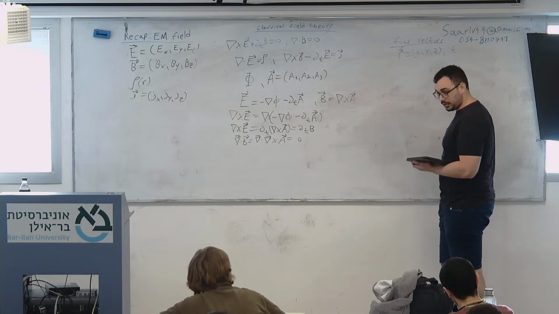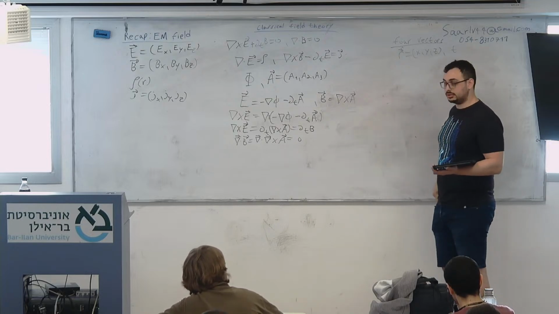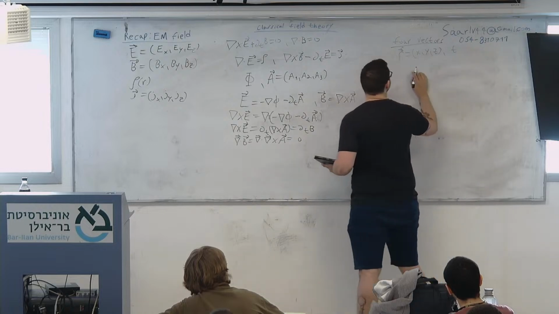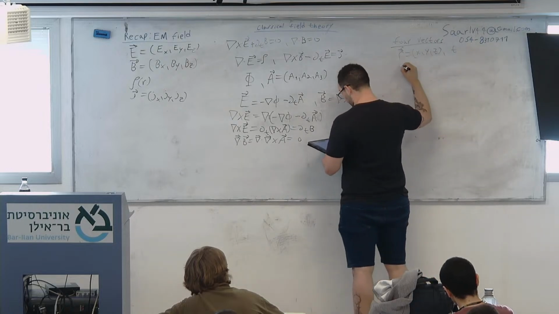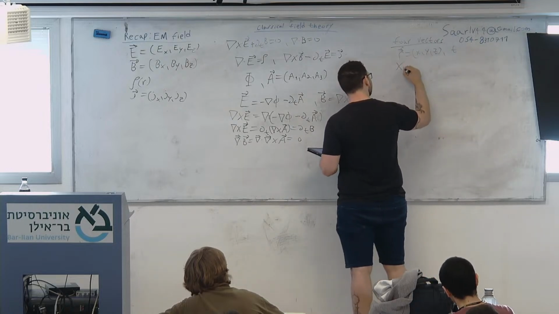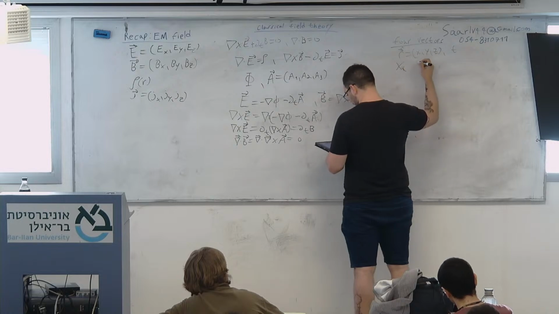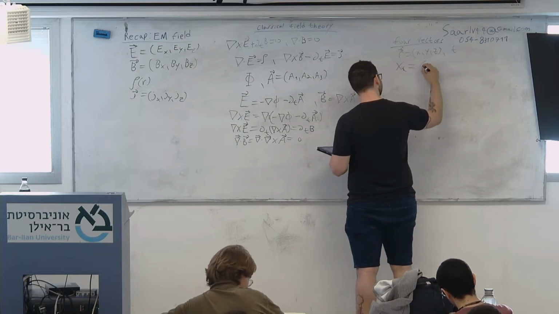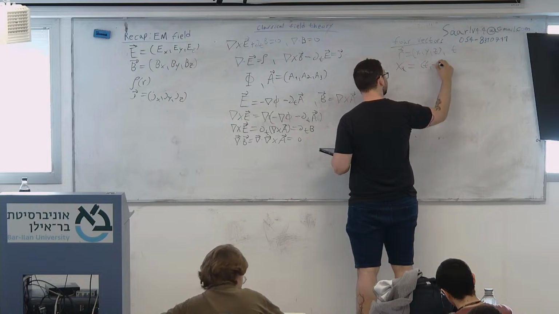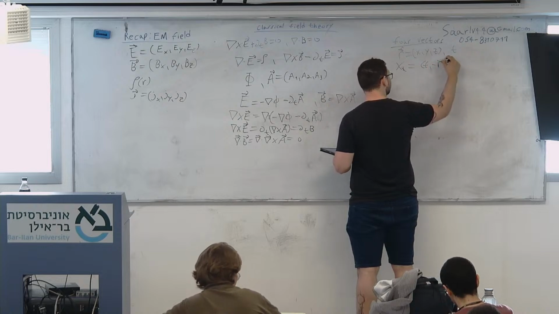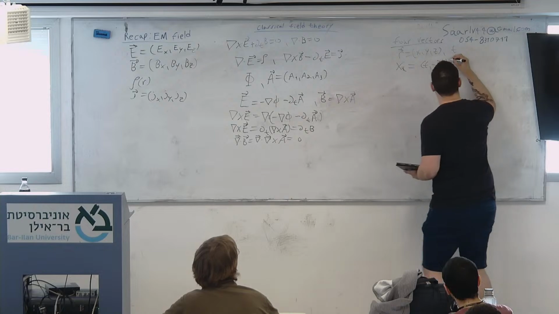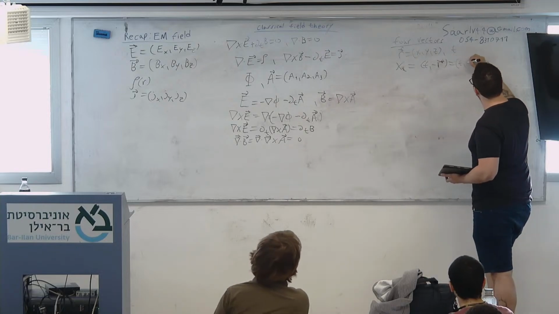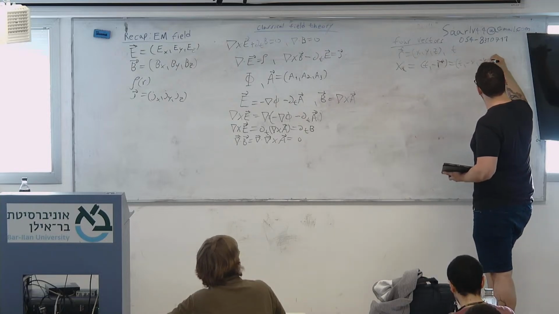When we talk about field theory or relativity, if any of you will touch on the subject, we define a 4-vector, which we'll call x mu, equal to t, minus r vector.